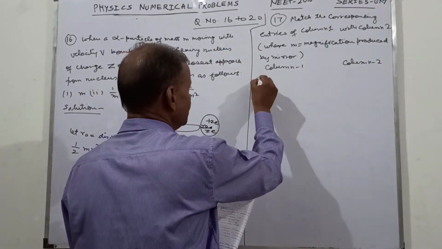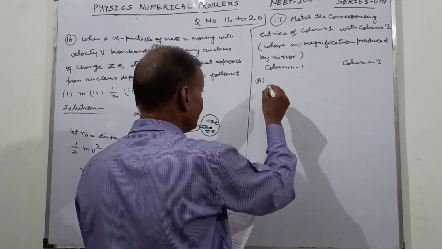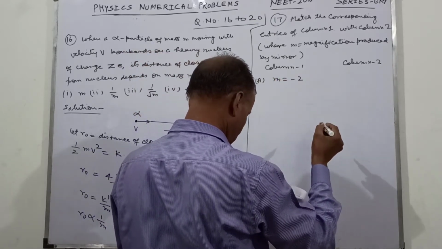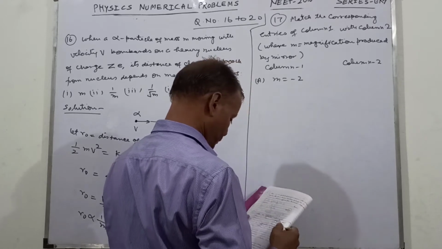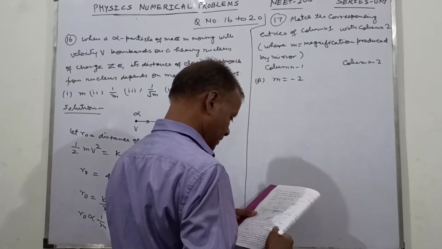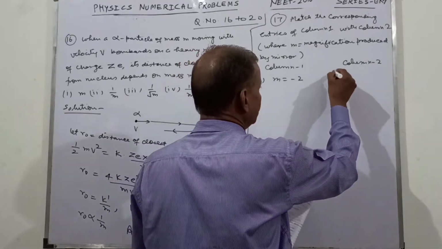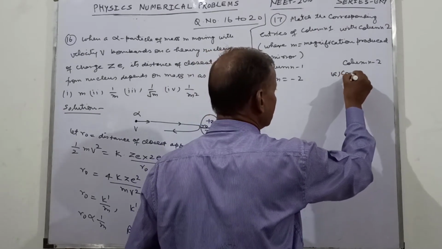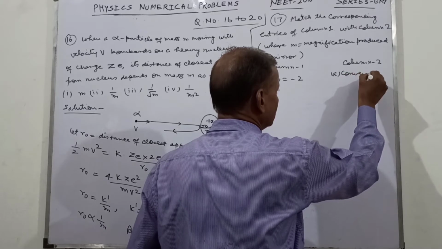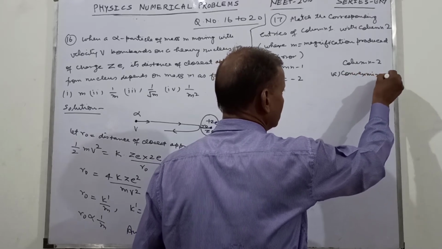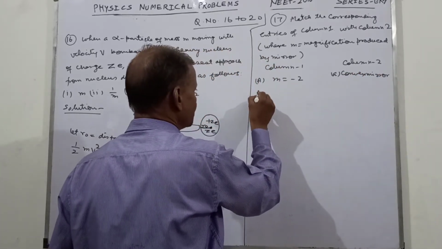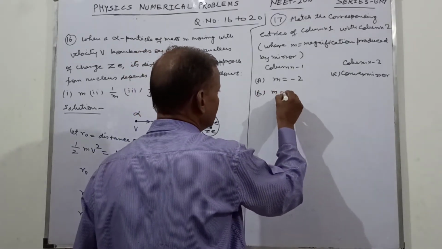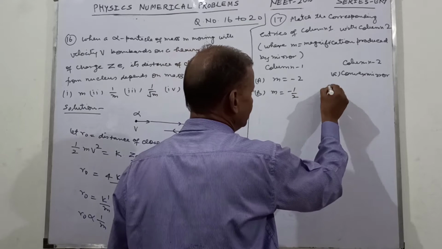Here is A, M equal to minus 2, and here is convex mirror. And this is B, M equal to minus 1/2.